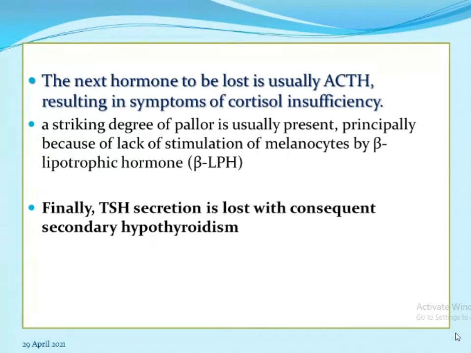So after the gonadotropins, what is lost next? It is the ACTH, which results in cortisol deficiency. And this deficiency will lead to a striking degree of pallor, which principally occurs due to lack of stimulation of the melanocyte by the beta lipotropic hormones.